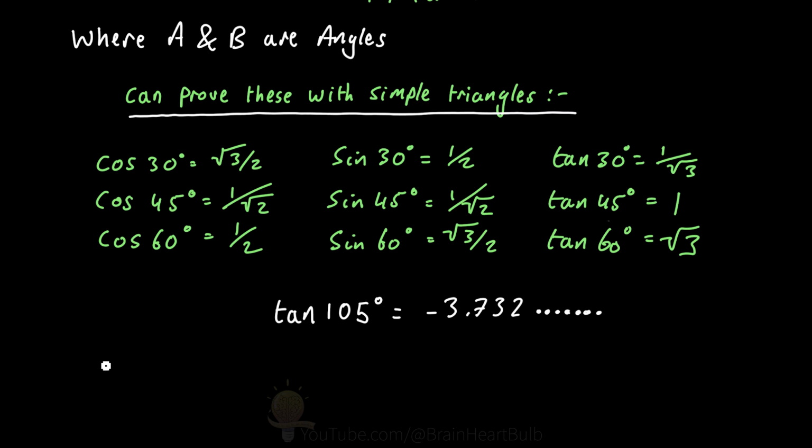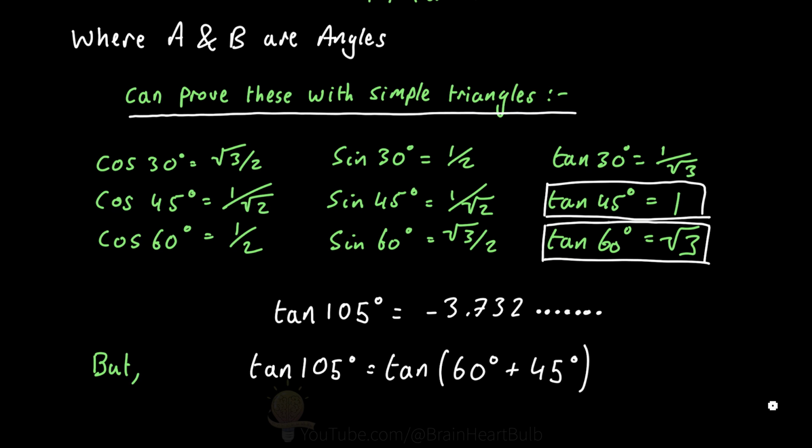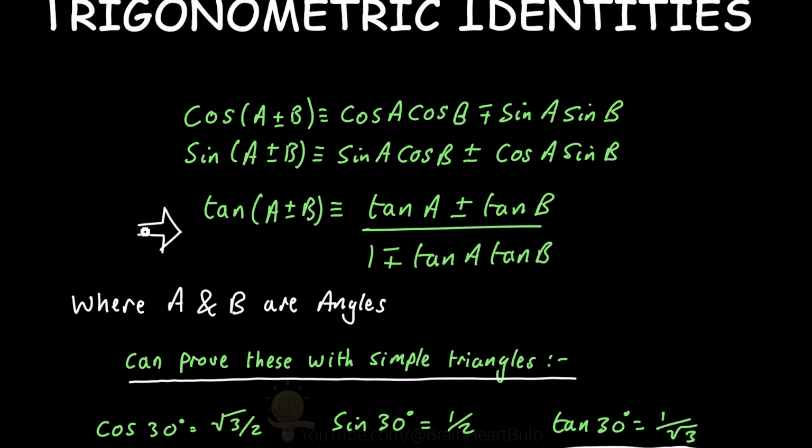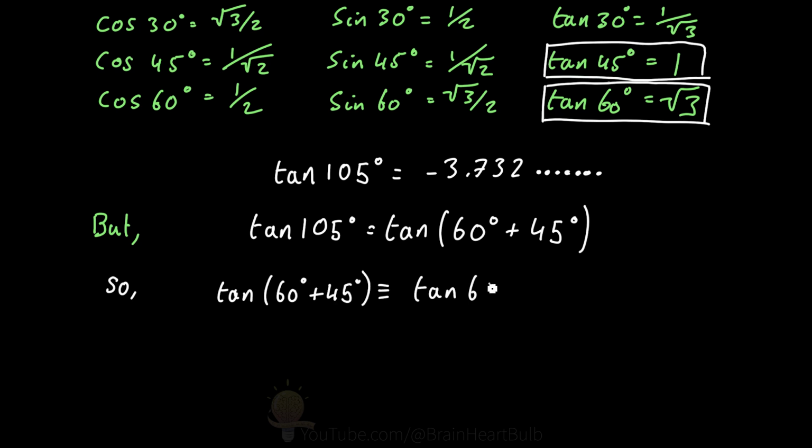But the angle 105 is the sum of 60 and 45. So we can express this in a much neater way. If we use this trigonometric formula here and replace the variables a and b with 60 and 45, we get this equation here.